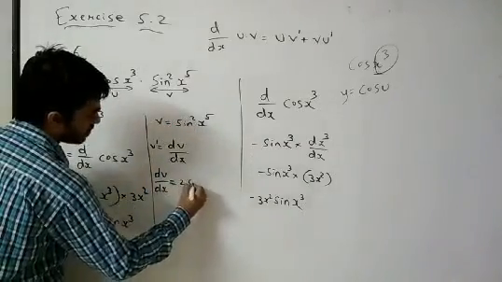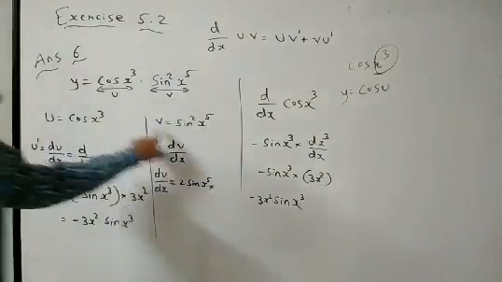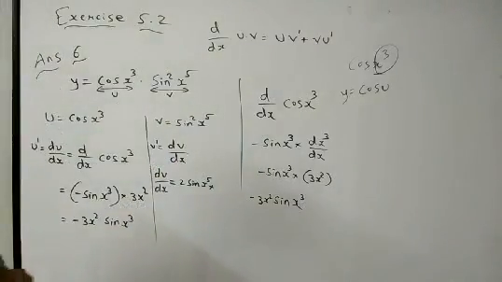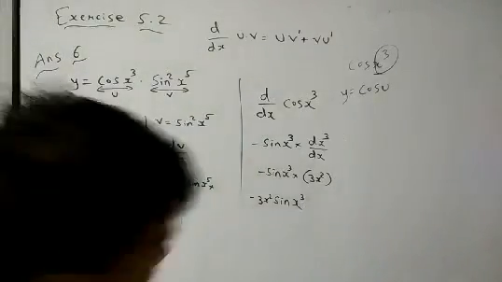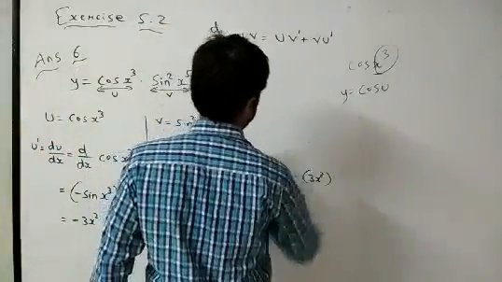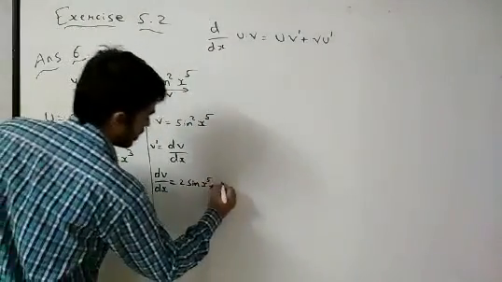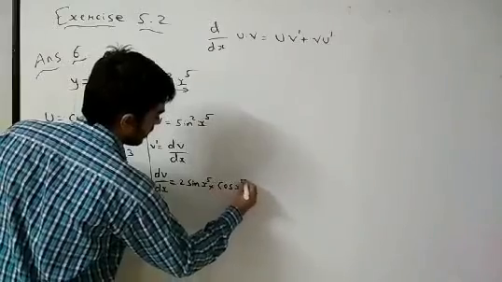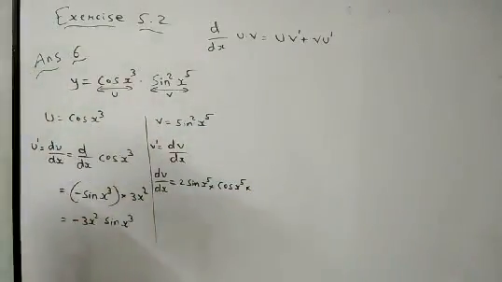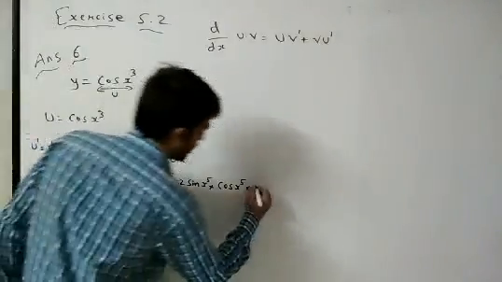So 2 times sin x power 5. Then what is the derivative of sin x power 5? The answer will be cos x power 5. One more function is remaining, x power 5. What is the derivative of x power 5?